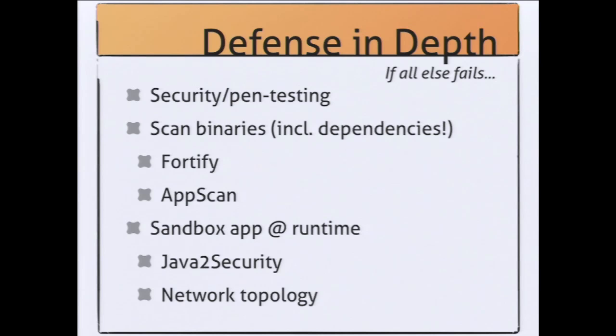I even heard of some people here at the show who have an agent that attaches to your JVM and scans for security vulnerabilities at runtime. There are lots of options for defense in depth, so that even if malicious code got into your application, you'd still be able to neutralize it.